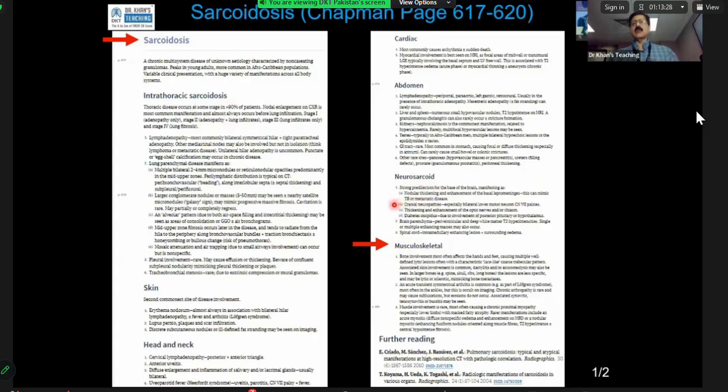The second part of Chapman, there are things which are multi-system, and you should have a clear-cut idea. Remember my words, one line there will save the day for you in the exam. It is very well written by Hamid, the editor, and one line in this list will simply save the day for you in your exam.